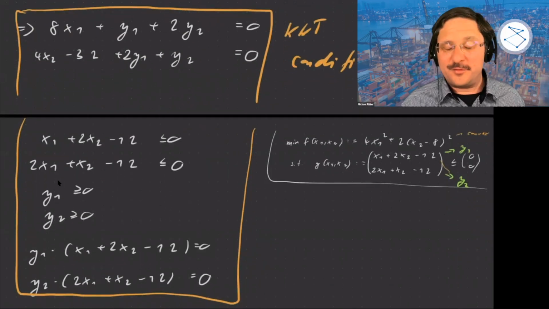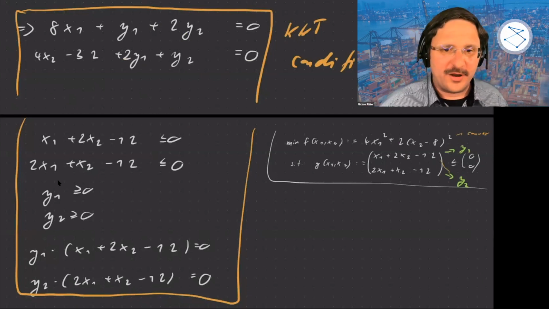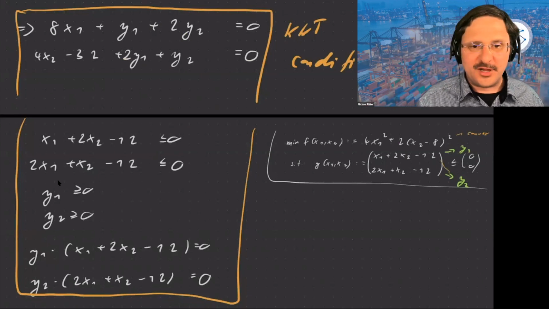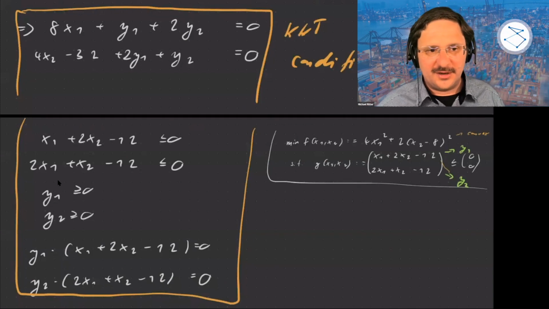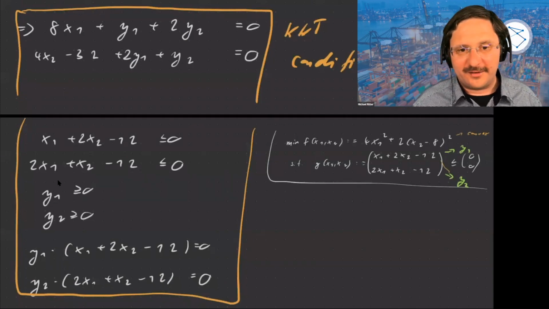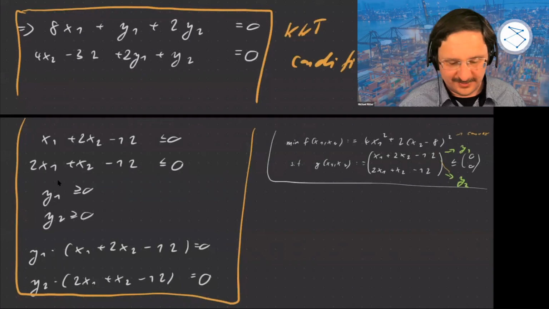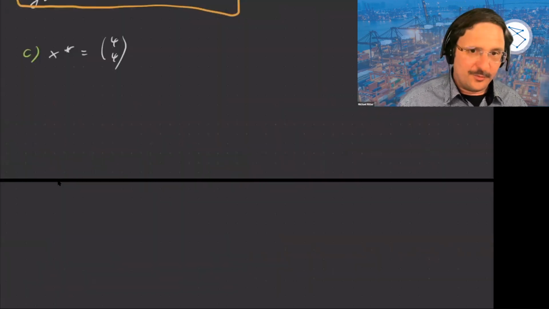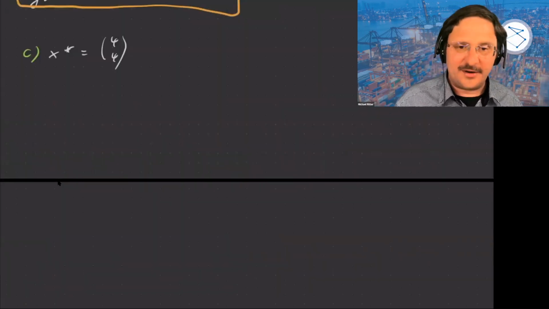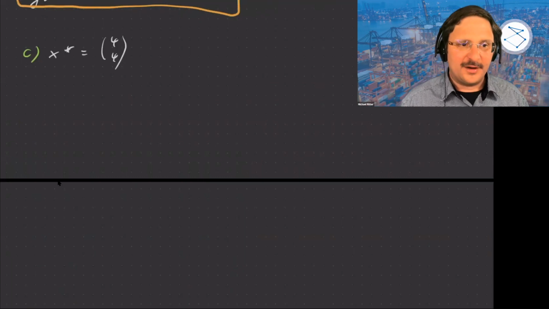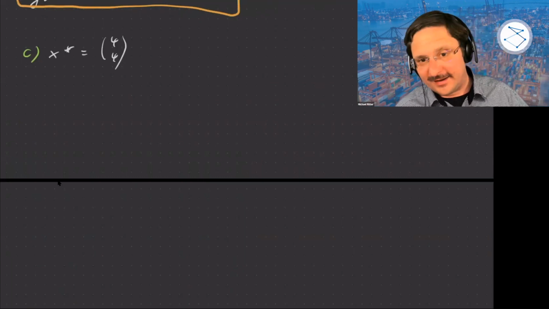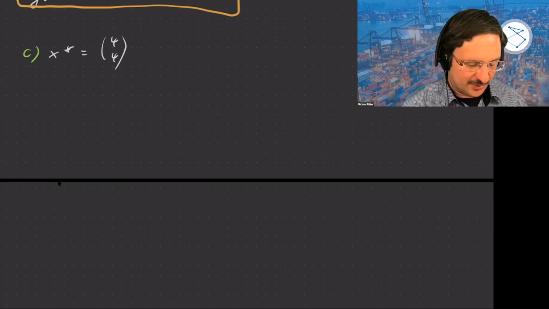Now, we already stated that every point that fulfills the KKT conditions will be an optimal solution. And of course, every optimal solution has to be a KKT point. So with convexity and with the Slater condition being satisfied, we can state that the optimal points are exactly the KKT points in this problem here.